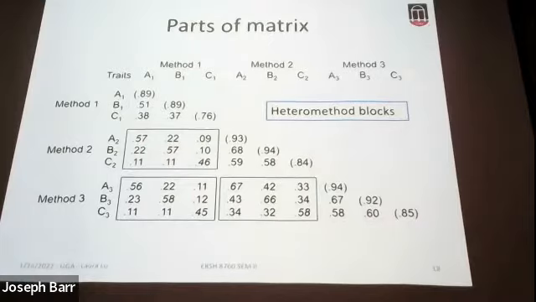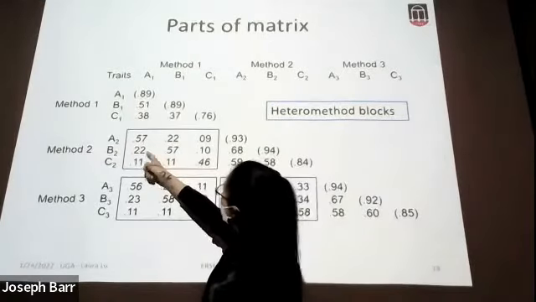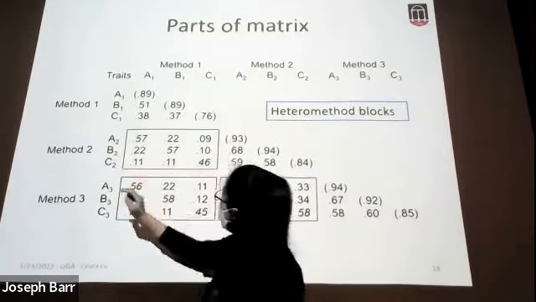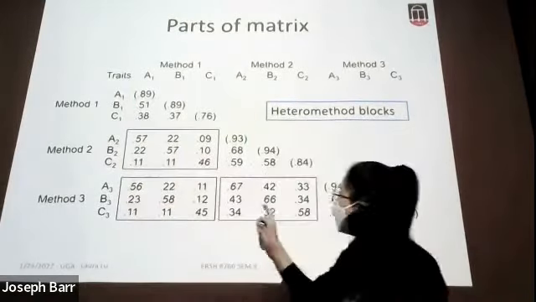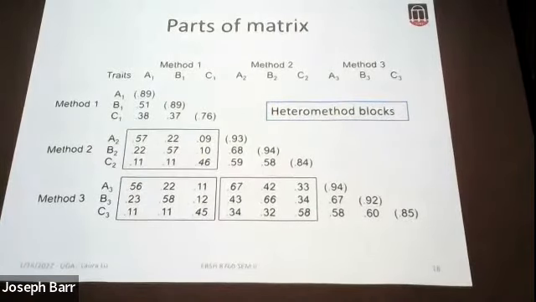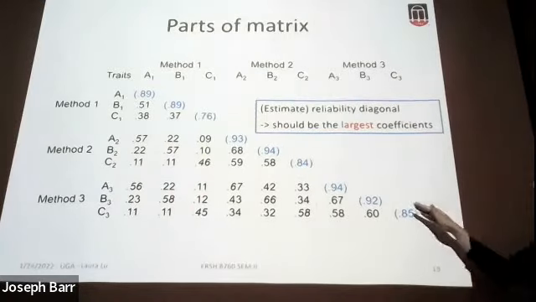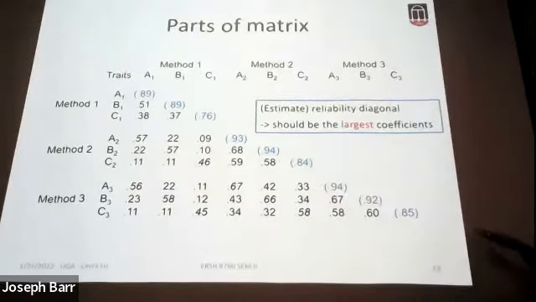And these 3 blocks are called heteromethod blocks, because this is a correlation between methods 1 and 2, this is between 1 and 3, this is methods 2 and 3. Different methods, heteromethod blocks. And then the diagonal part, as I mentioned, these are estimated reliabilities.